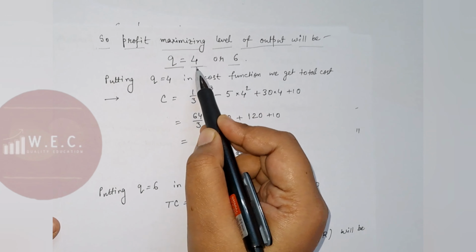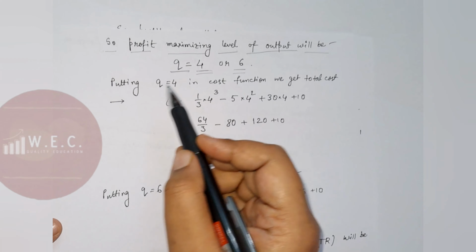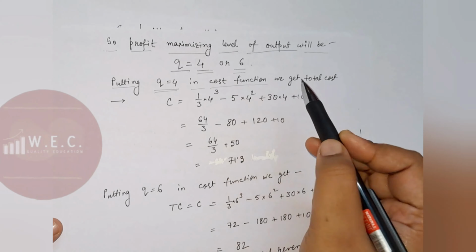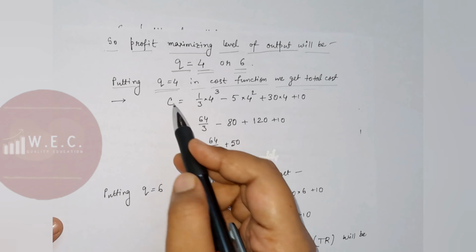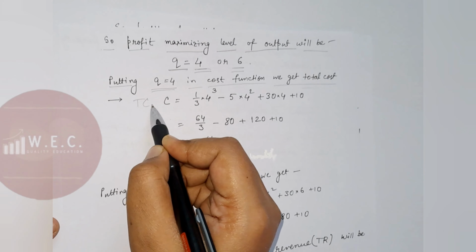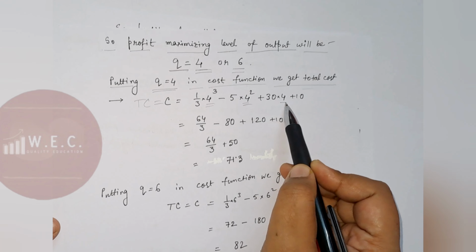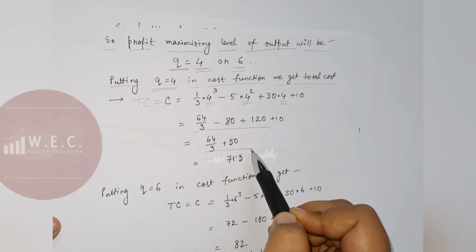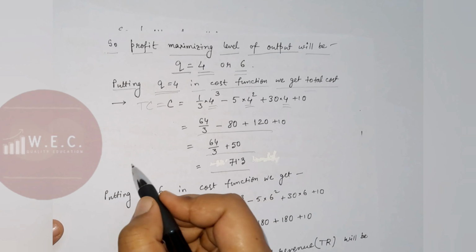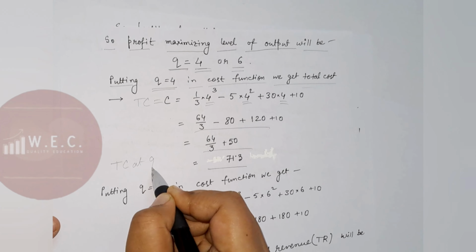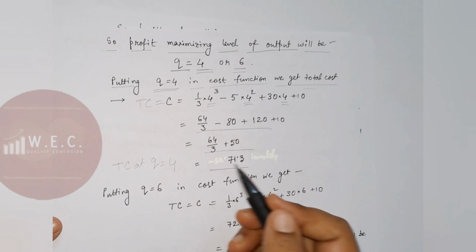Now let's verify at which output level profit is maximized. First put Q equals 4 in the cost function. So we will get TC, that is total cost, at Q equals 4, and it is 71.3.